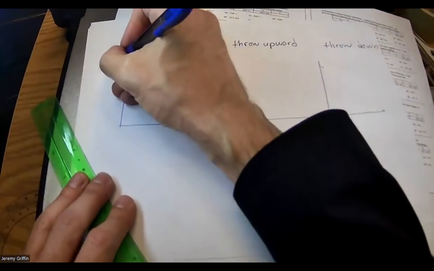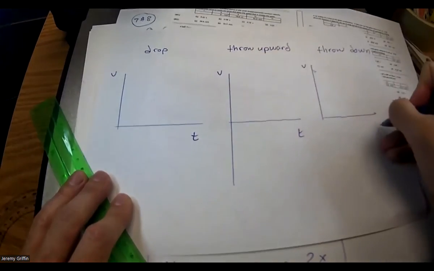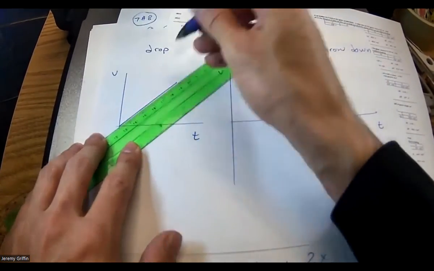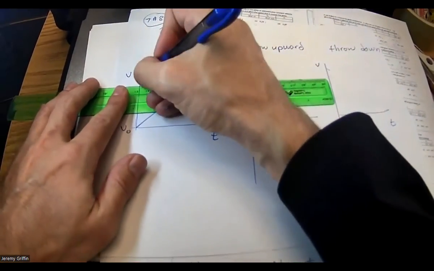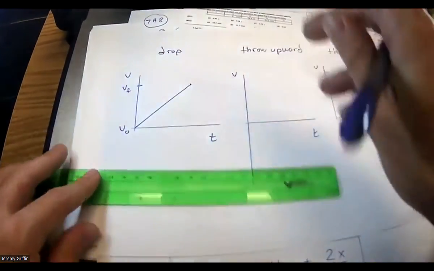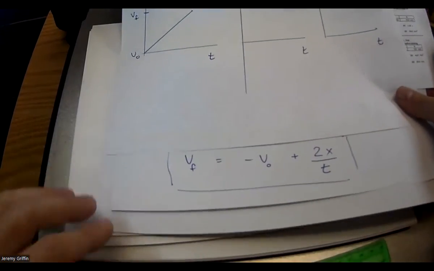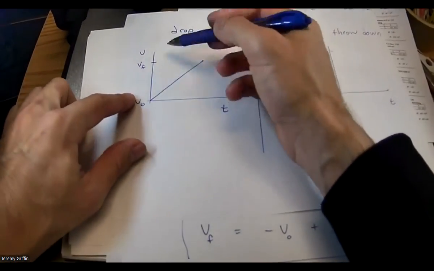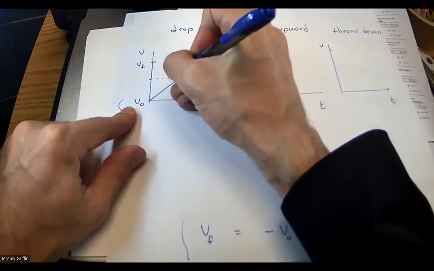So let's do a bunch of V versus T graphs. Now, if you drop it, it's going to look just like that. Here's your initial velocity. Here's your final velocity. Where do you guys think average velocity would be on this graph if you just drop it? You think it'd be right there?